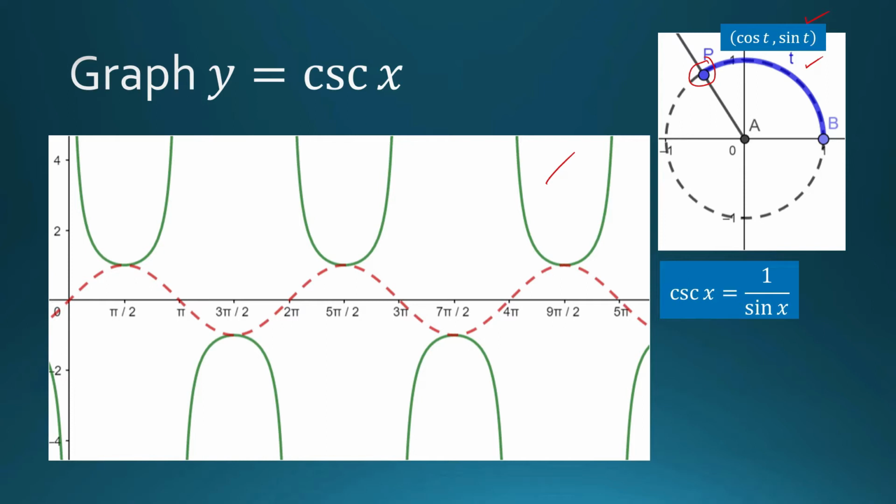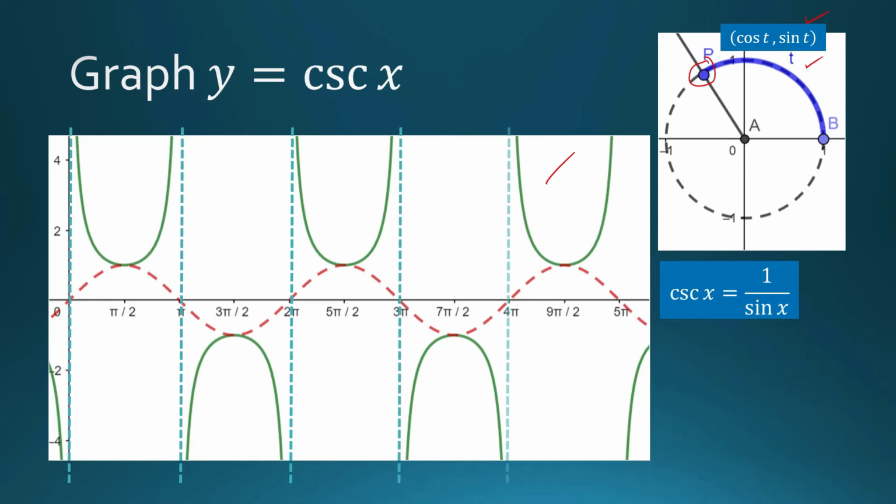And then I also drew the vertical asymptotes, because obviously, the cosecant function will be undefined when sine of x is equal to 0. So I have to draw my vertical asymptotes. And your sine function is equal to 0 when x is 0, pi, 2 pi, 3 pi, 4 pi, so on and so forth.